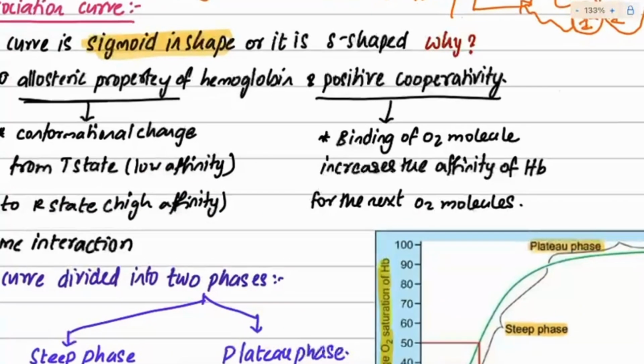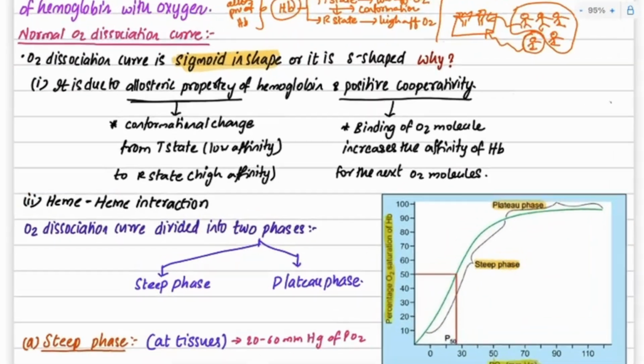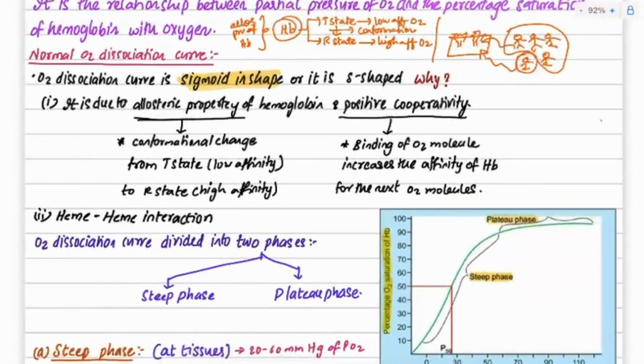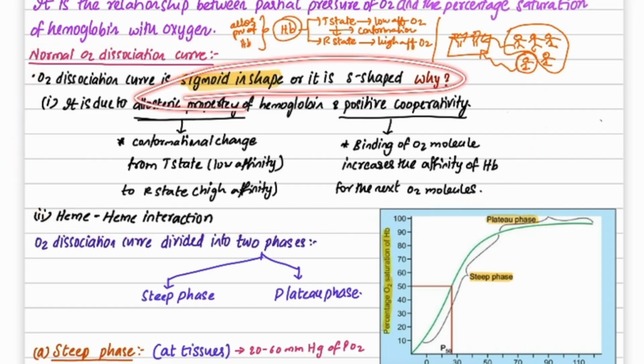Positive cooperativity is that the binding of oxygen molecules increases the affinity of hemoglobin for the next binding of O2 molecules. The second reason is very simple, the heme-heme interaction. There is a 100% chance that they may ask in a reasoning question why it is sigmoid shaped, so try to understand this and remember it.